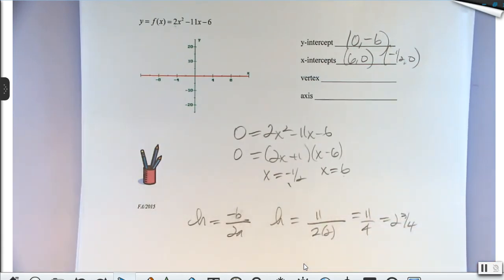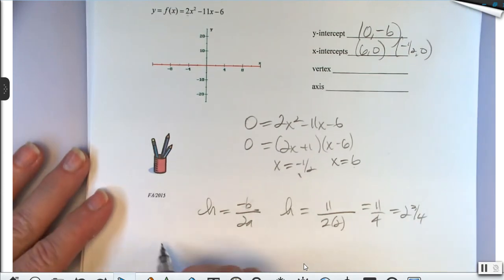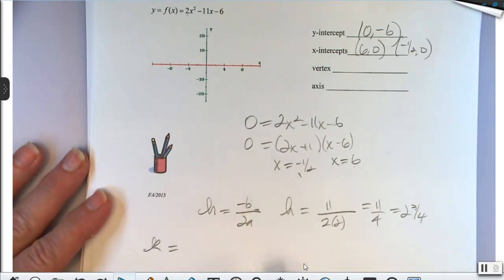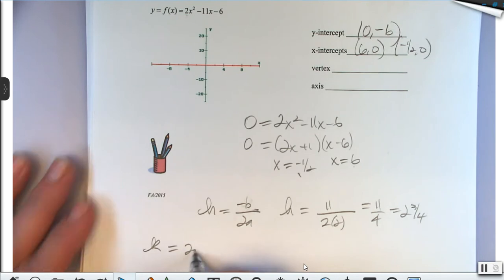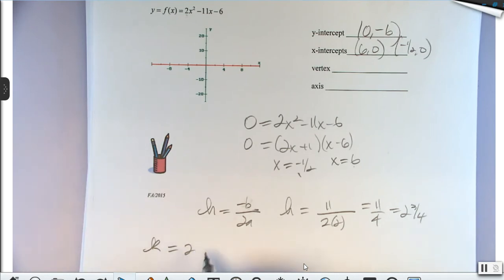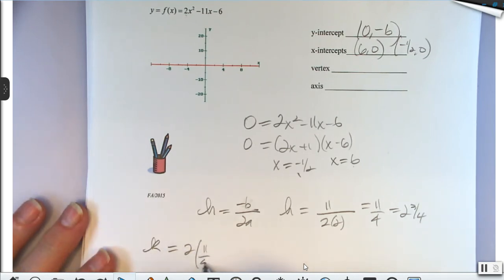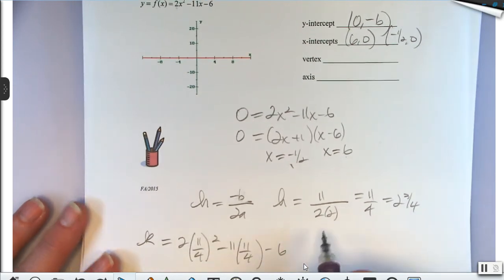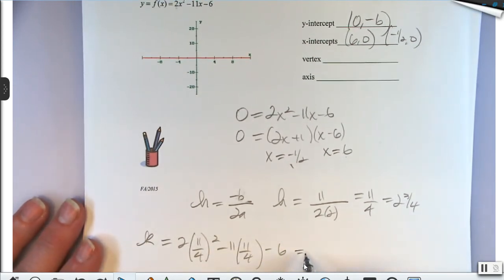Now, don't be scared of the fractions here because we can just take this. I would do it as 11/4, put it into our calculator, so that I'm going to have 2 times (11/4) squared minus 11 times 11/4 minus 6. Now, if we were to do this, we're probably going to get an improper fraction. I think it turns out to be like 51/8.